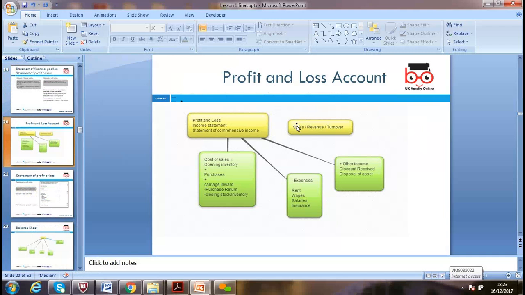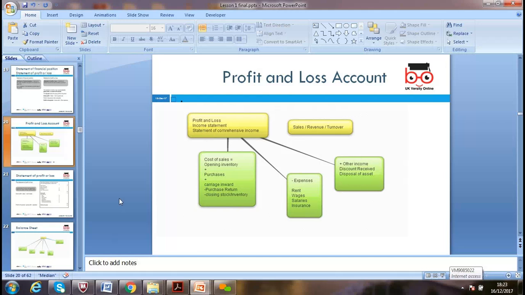The profit and loss account we can prepare like this. We always have sales revenue first, or we call it turnover; revenue and sales are the same thing. Then we calculate the cost of sales, how much it cost me, and then we take out all the expenses. If we have other income, like spare money we put in a bank account and the bank gives us interest, that is called other income, because that is not our normal business.